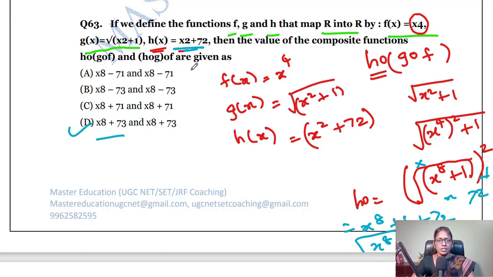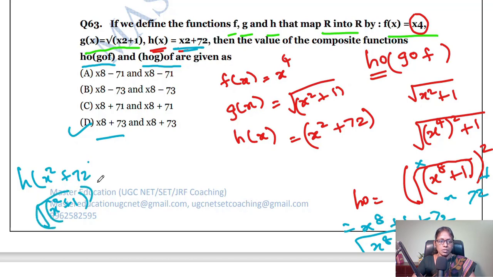And also you have to check it out, g of h. Now we found h of g of f. In the same way I have to do h of g f. So first, in h, x square plus 72, I have to apply the g value here: the root of x square plus 1, the whole square, plus 72. So what happens?